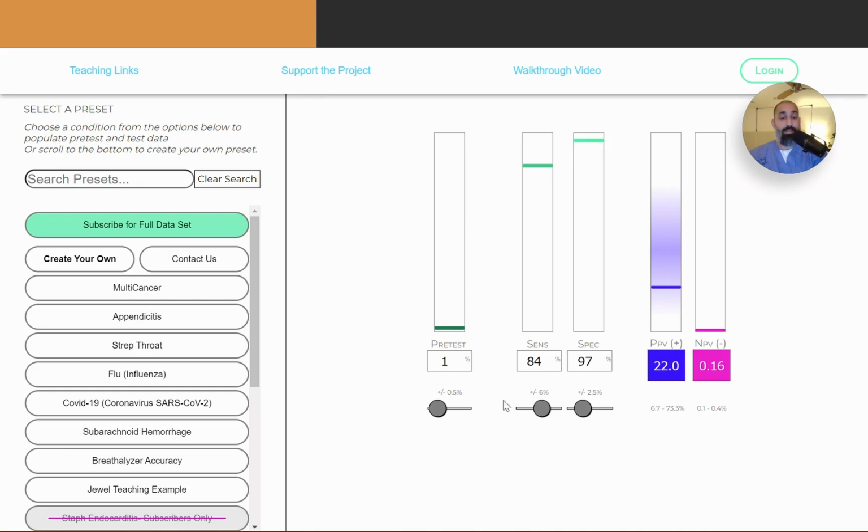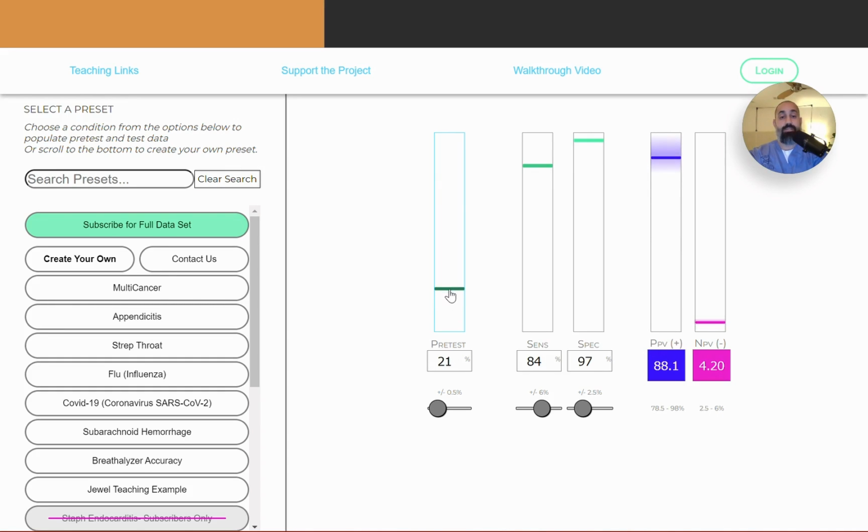So an 84% sensitive, 97% specific test, the rapid strep antigen, is wrong more than 70% of the time if the pretest is 1%. But if the pretest is 5% or 10%, now this test starts to perform much better.